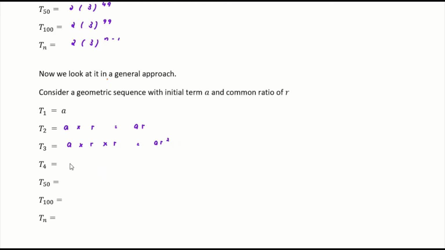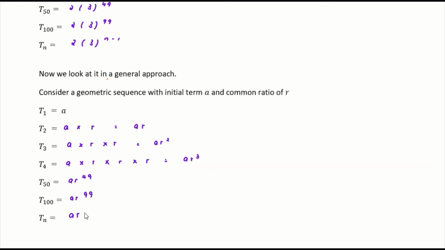Then when I go to the fourth term, it will be A times R times R times R. So that actually gives me AR to the power of 3. So when I move on to the 50th, it will be AR to the power of 49. So go to the 100th, then it will be AR to the power of 100 minus 1, so 99. Then when I want to find Tn, you can see that I'll just do the same thing, which is AR.